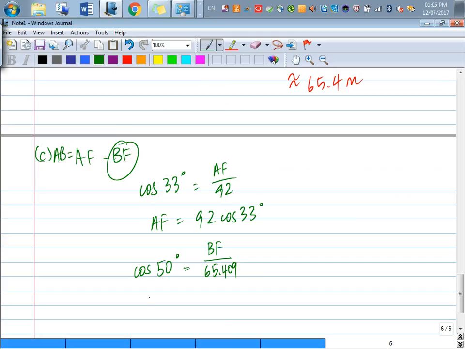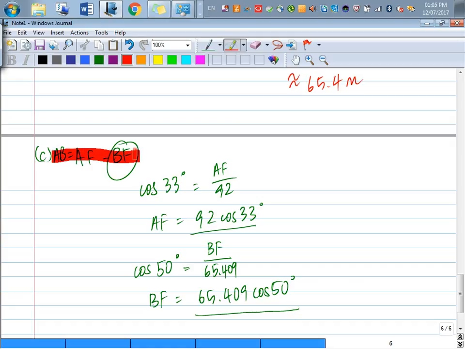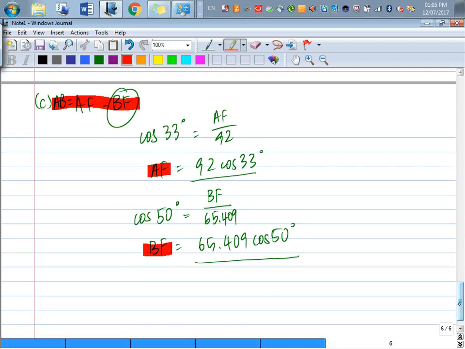So BF is equals to 65.409 cosine 50 degrees. Now I have an exact value for AF. I have quite an exact value for BF. And I can use our equation that Irfan suggested with these values and subtract and find the answer yourself. Okay? Any questions?